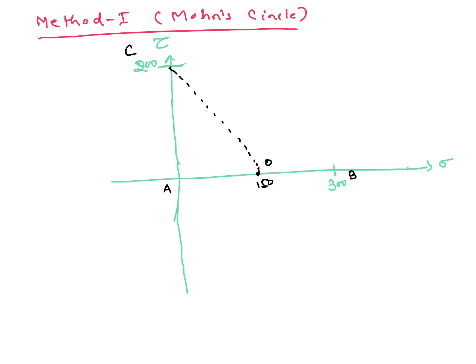OC is the radius of Mohr's circle. AO distance is 150, AC distance is 200. We have to calculate OC.